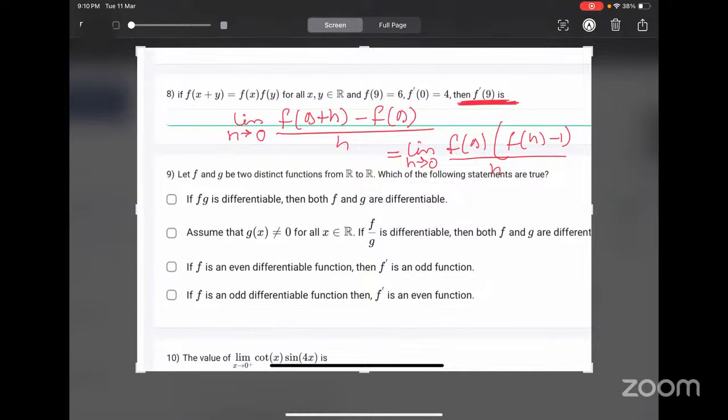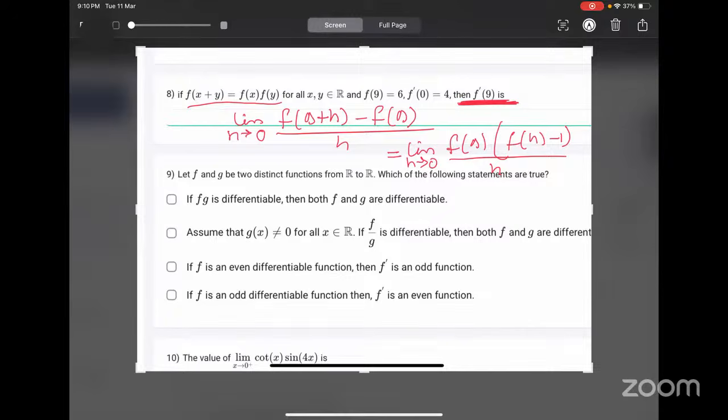So the formula for the derivative at any point of f of x is equal to limit h tends to 0 of f of x plus h minus f of x by h. So f of x plus h is what here? f of h, x is x plus y.